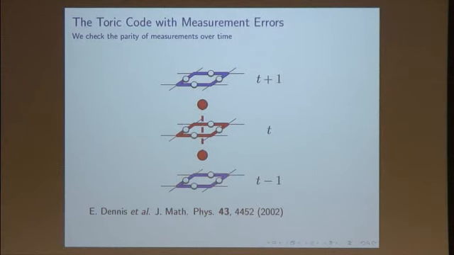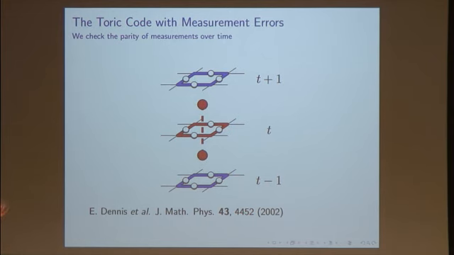So instead of studying the stabilizer outcomes themselves, we look at the parity between different times. Here's one plaquette operator measured 3 times, at time t minus 1, time t, and time t plus 1. Let's suppose the measurement at time t went wrong, which is why I've colored it in red, independent of whether these are identifying an error or not.